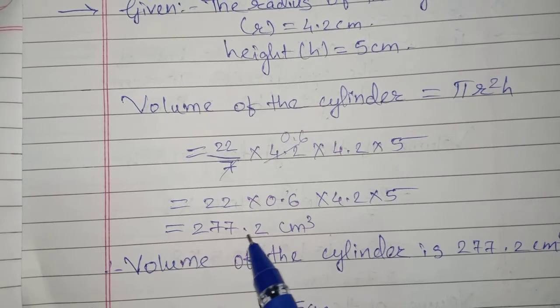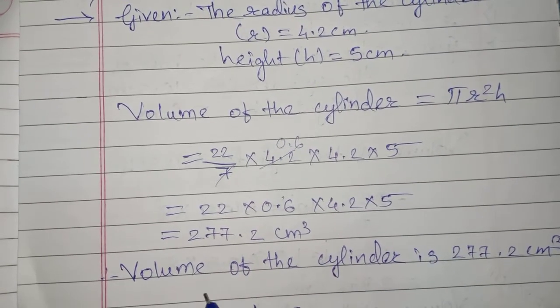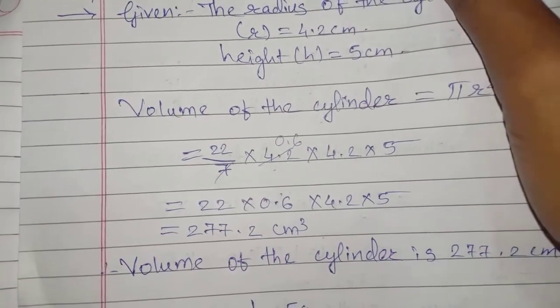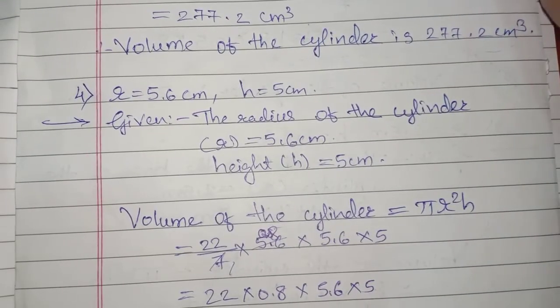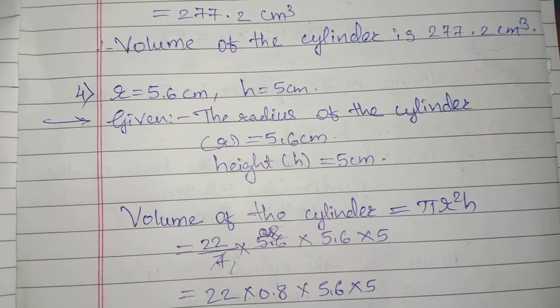So 277.2 centimeter cube. So volume of cylinder is 277.2 centimeter cube.